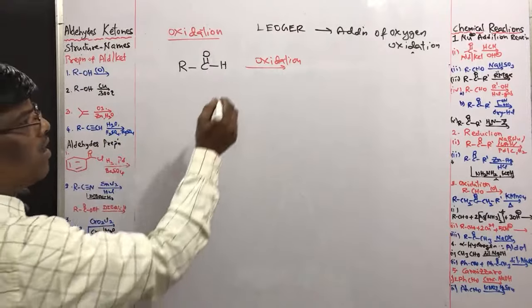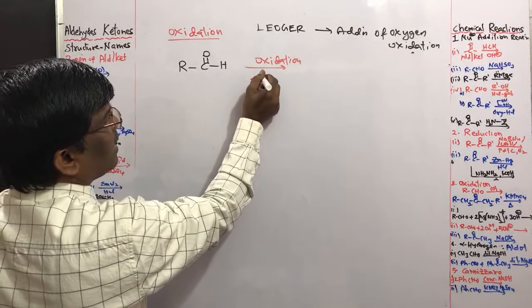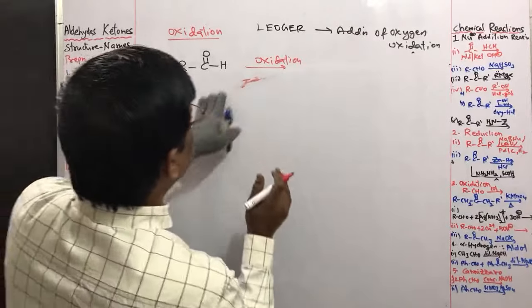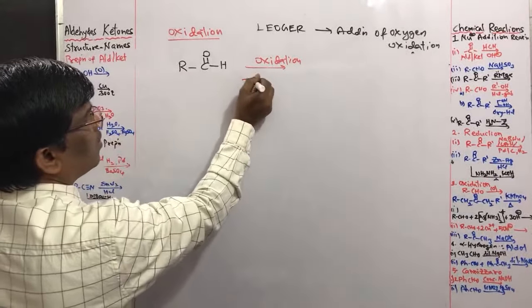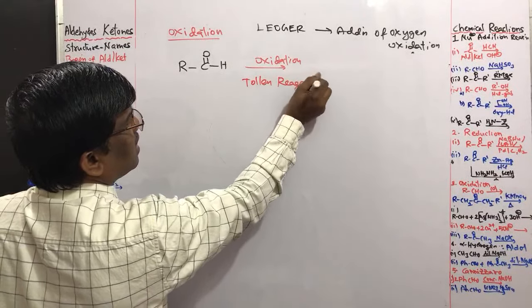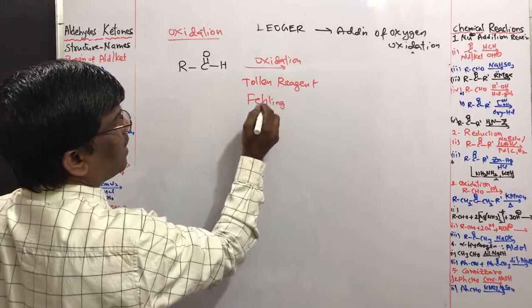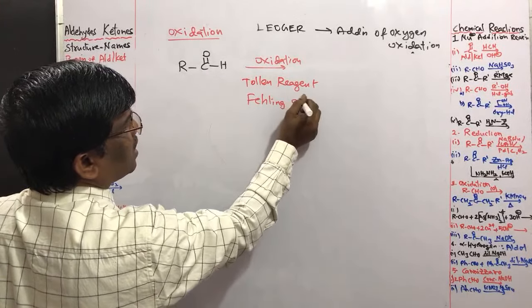Yes, so mild oxidizing agents, for example, Tollens reagent and Fehling's solution. I am going to give the equations for this. Fehling's solution.